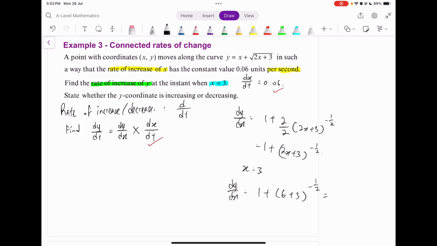我没有写错嘛，对不对？Okay, so that makes it as 4 over 3，就按 calculator 也可以算出来的啦。So 我们的 dy over dt is equals to 我们的 4 over 3 times 0.06. Hence our final answer is 0.08.